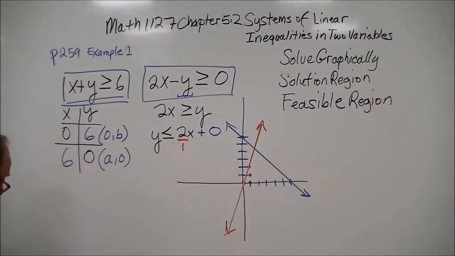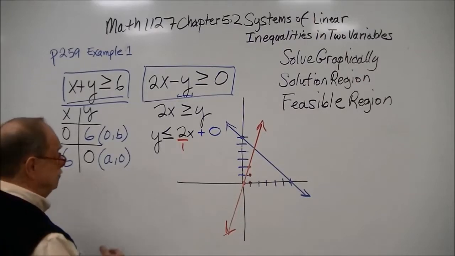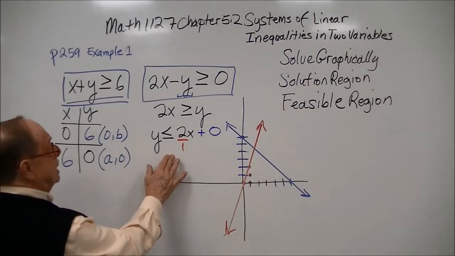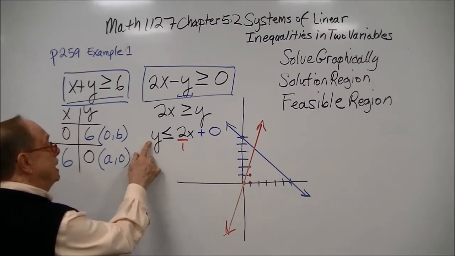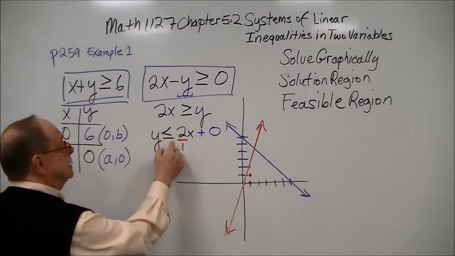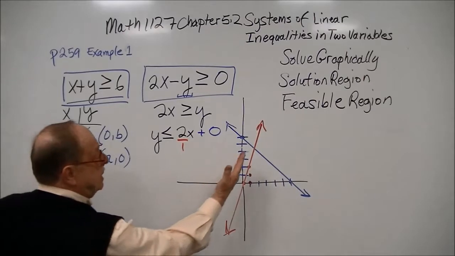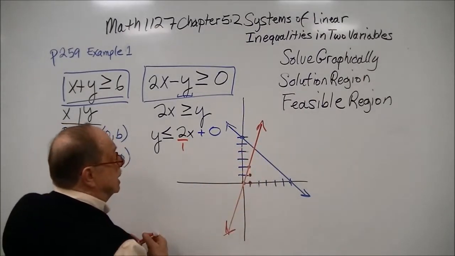But now I'm asked to shade. So where do I shade? Well, there's a couple of techniques, and let me show you at least one of them. For the red line, what does this say? A positive y is less than this. So that means we're going to shade under the line.